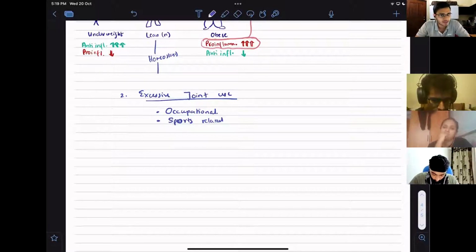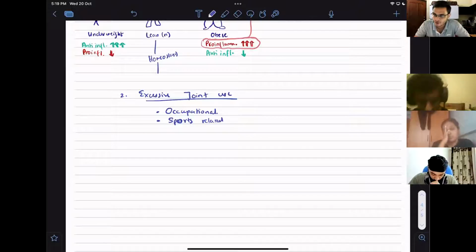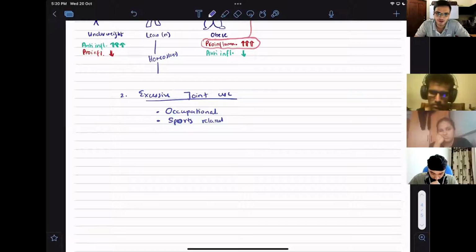Now sports related, guys. There are some risks that can help develop osteoarthritis. Because of this, should we tell everyone not to do sports? No, that's obvious.